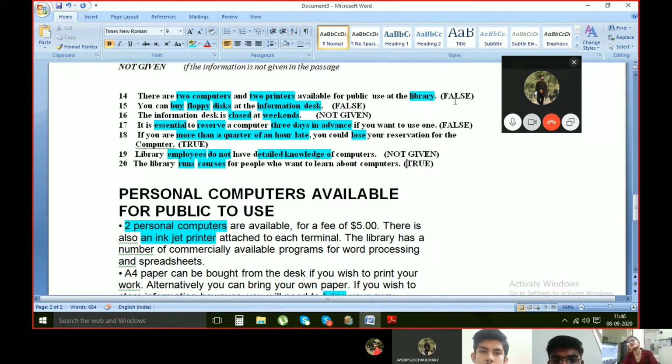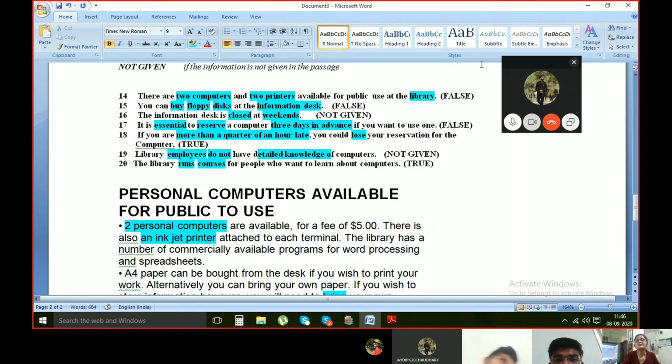Beta, if the information is matching, then how can it be false? Two printers, that's okay. But information is given, na? Computer and printers both are available in the library. In the question, the information is computers and printers are available in the library. And the passage also. Whether 1 printer, but printer is there in the library.